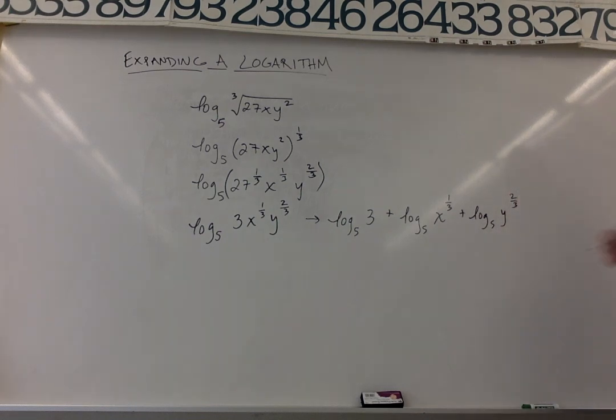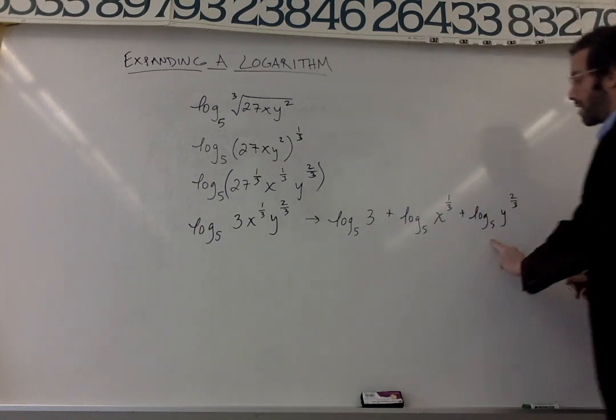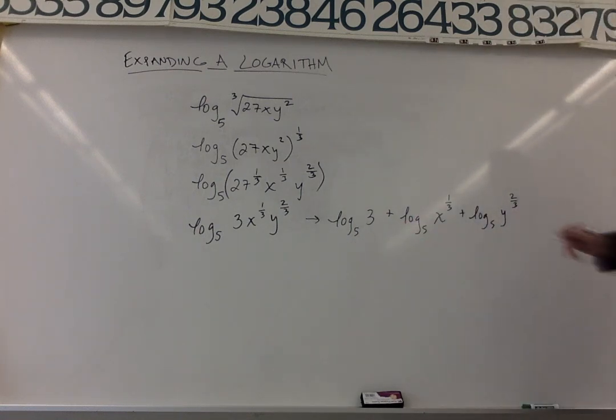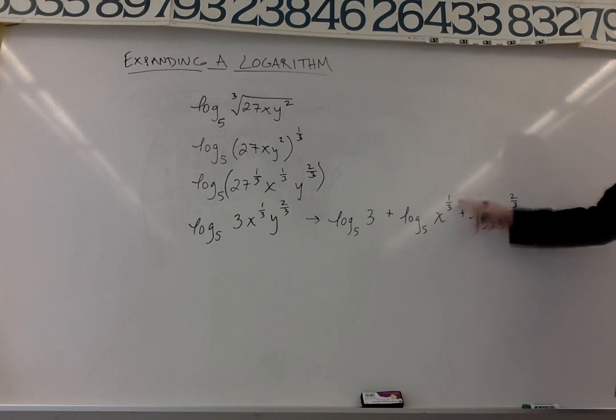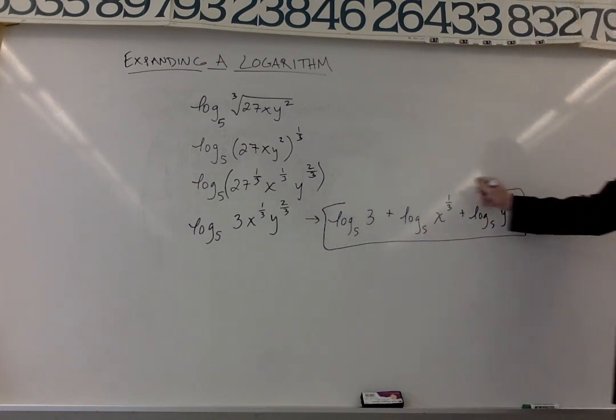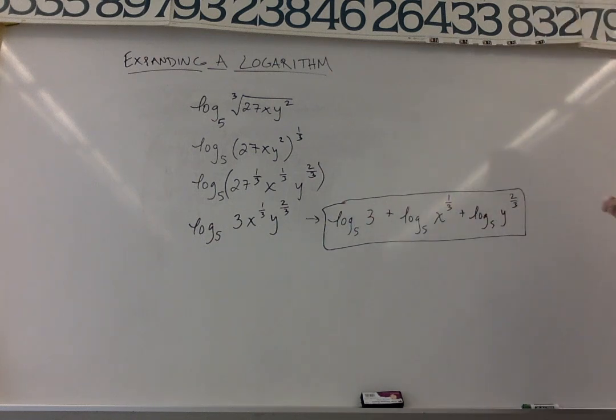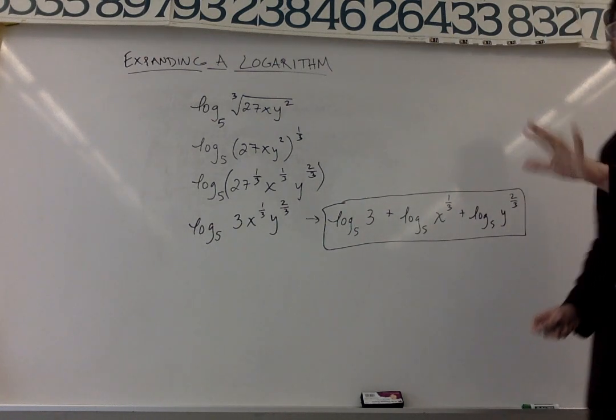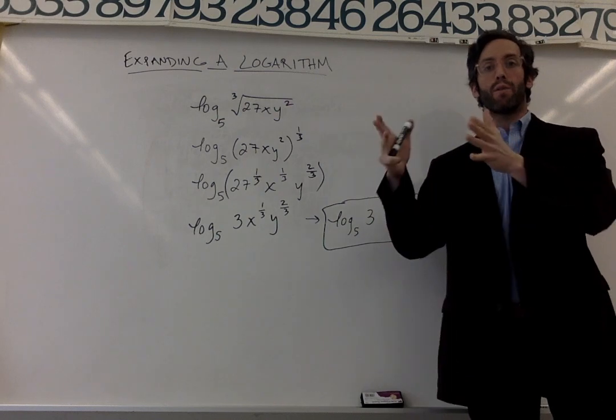All right? Now, there's another property of logs that I'll go over in class that discusses what we can do about these exponents here. But for now, for the purpose of this video, my hope is that you would at least get to that point. All right, just to apply that single property of how to expand a logarithm.